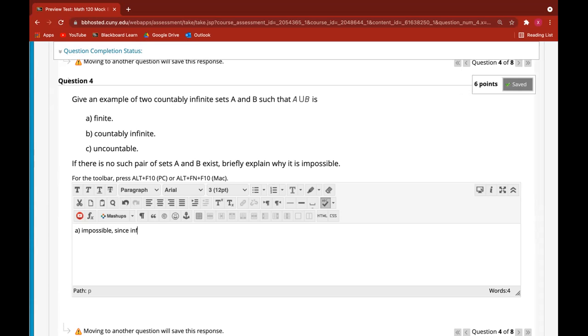Since the union of any two infinite sets is infinite.